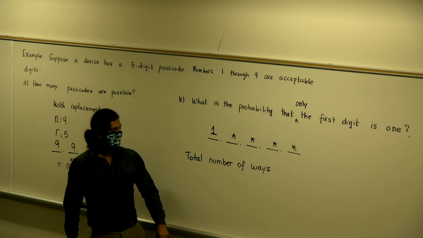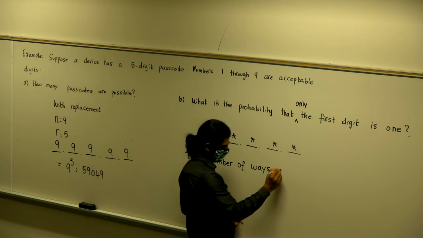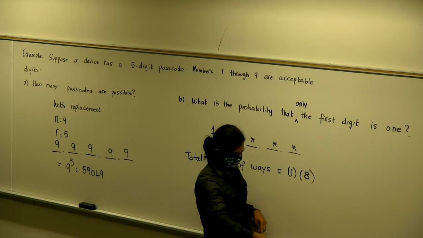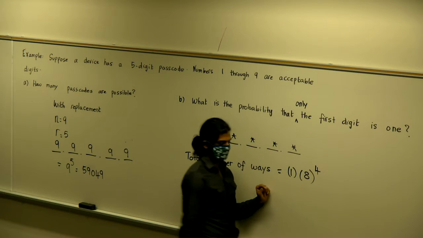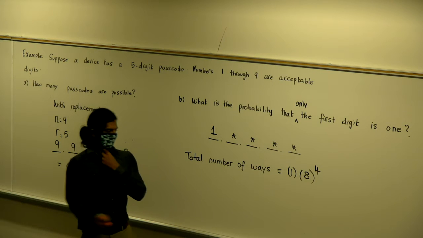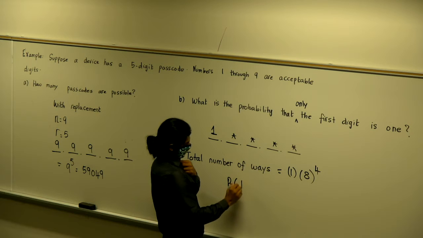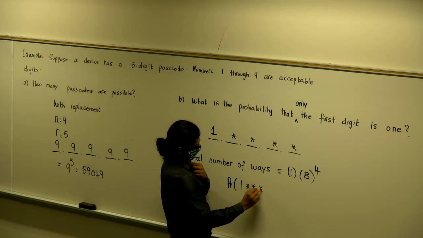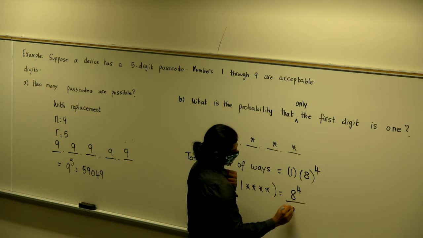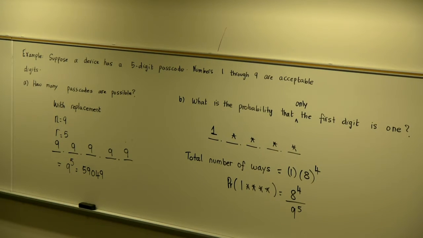So the total number of ways in this case would simply be 1 times 8 times 8 times 8 times 8. So the probability of that happening is 8 raised to 4 divided by 9 raised to 5.